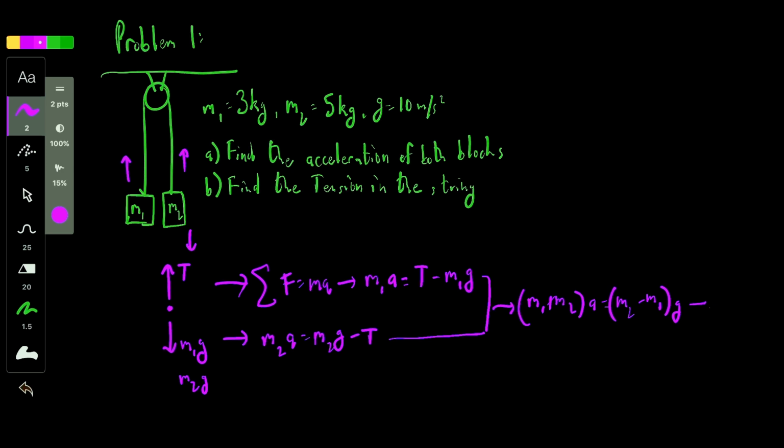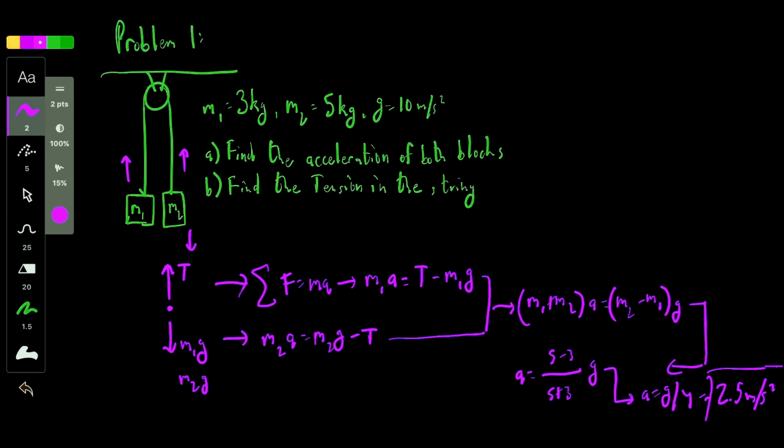So when we plug in all the values, our acceleration is equal to m2 minus m1 over m1 plus m2, so 5 minus 3 over 5 plus 3 times gravitational acceleration, which is g by 4, which is equal to 2.5 meters per second squared. And that is our answer to the first part of this question.